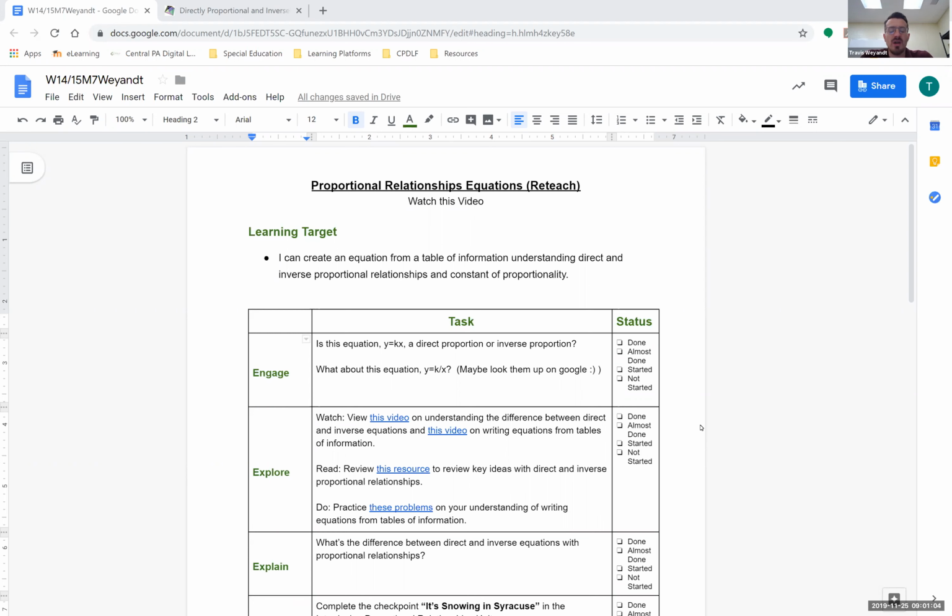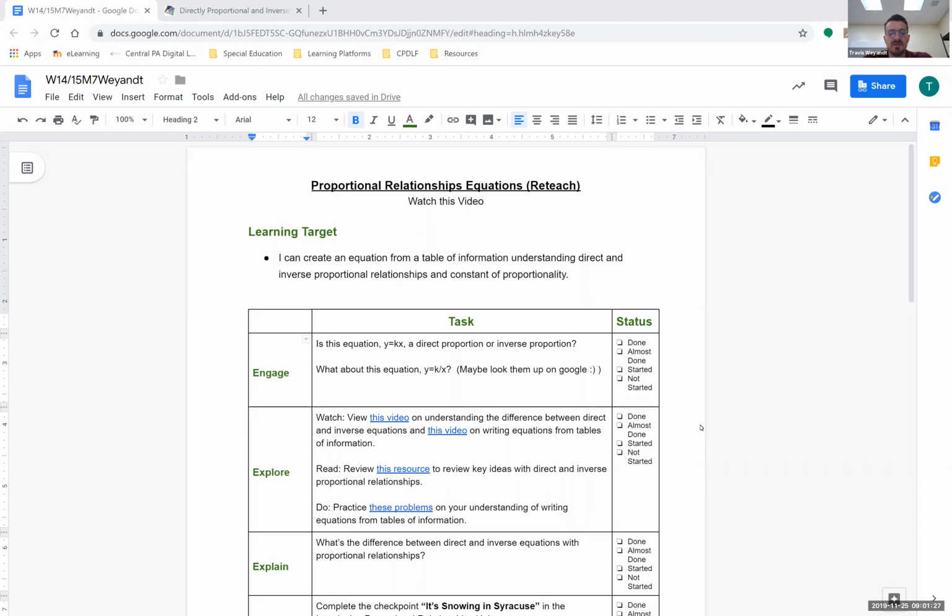Maybe your table on the left side of the X value only goes up to 5. You have 1, 2, 3, 4, 5, and I'm looking for 20. Instead of making the table that much longer, we can use an equation to give us what Y would be based off the constant we're given. So again, the learning target stays the same. We're just going to look at it a little bit more basic.